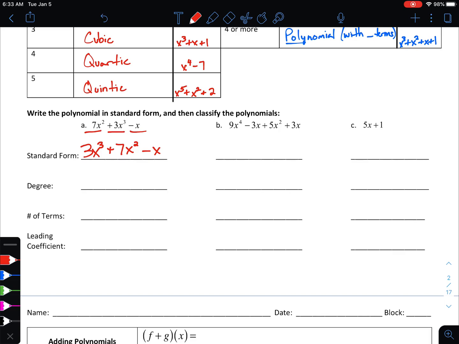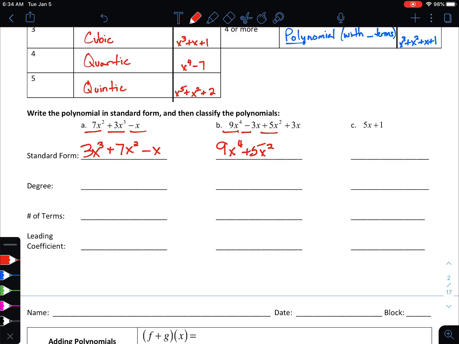Okay, let's move on to example B and write its standard form. So highest exponent would be x to the fourth. So we'll write that first, 9x to the power of 4. Next highest is x to the power of 2. So we'll put a plus 5x squared after it. Next would be x to the power of 1.